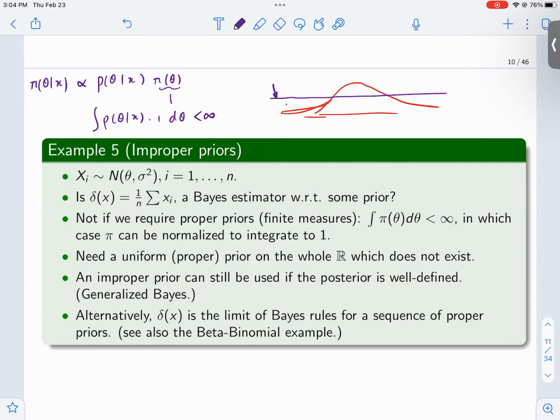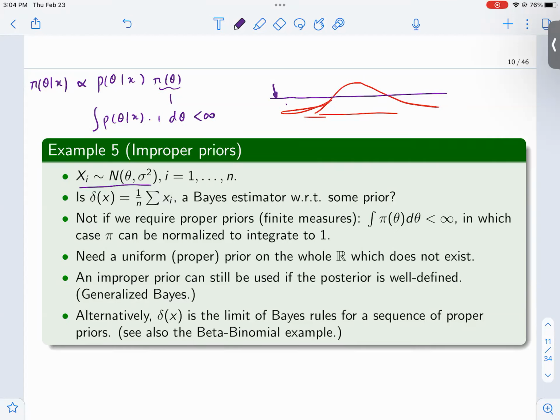So these are called improper priors. And they're interesting because, for example, the MLE in this family is not a Bayes estimator for any proper prior, that's a probability distribution. But you can see that, for example, if I have a 1 there, the MLE would be the Bayes rule for this improper prior, if you do the analysis.